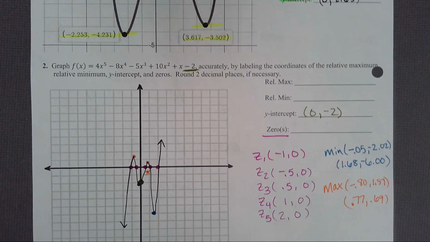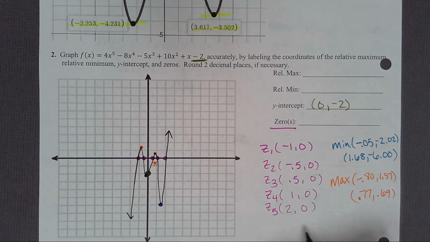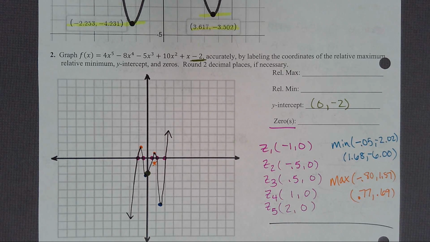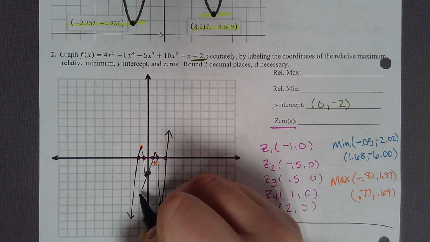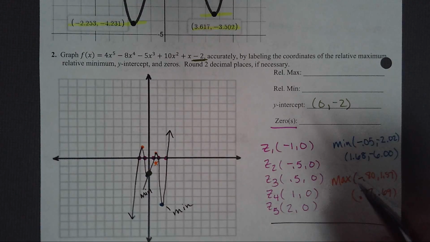I don't expect it to be perfect, but I expect this part to be perfect. Okay, now since I color coded, I don't have to really show anything, but it's not that hard to go min. Oh my gosh, my lights went out.